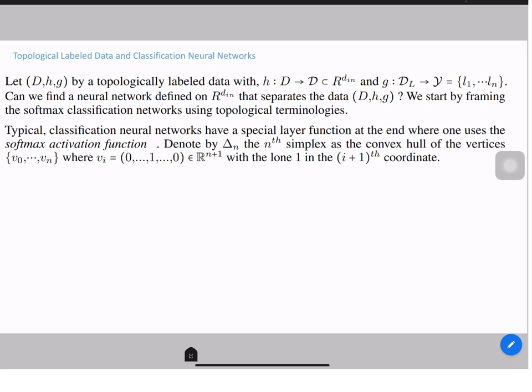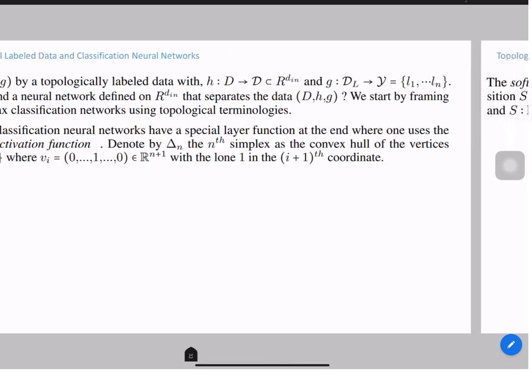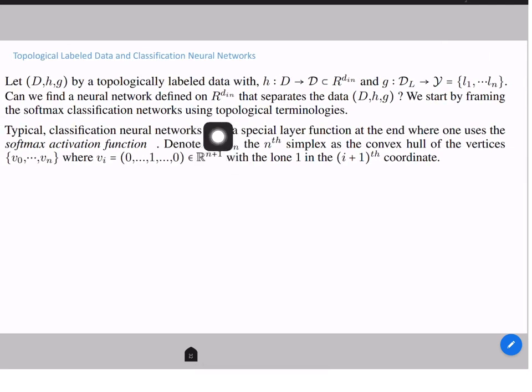I'm going to give you the exact definition in a little bit. It has as codomain the n-simplex, which I'm going to denote as usual by delta n. It has n plus 1 vertices, the standard n-simplex, the convex hull obtained by those vertices.